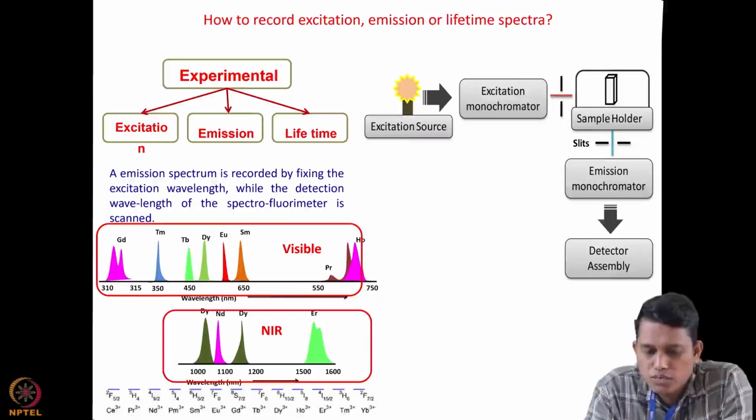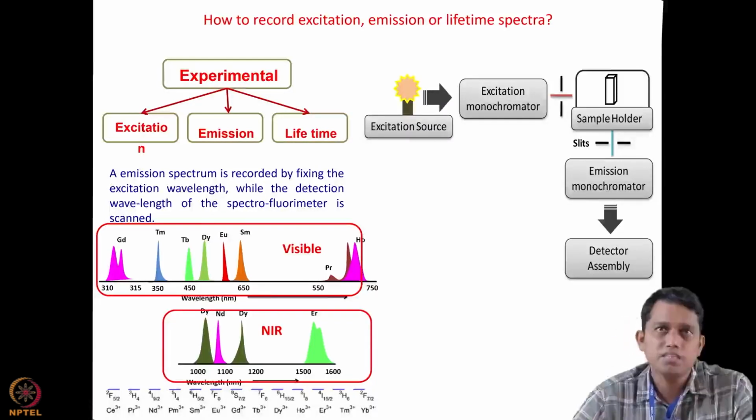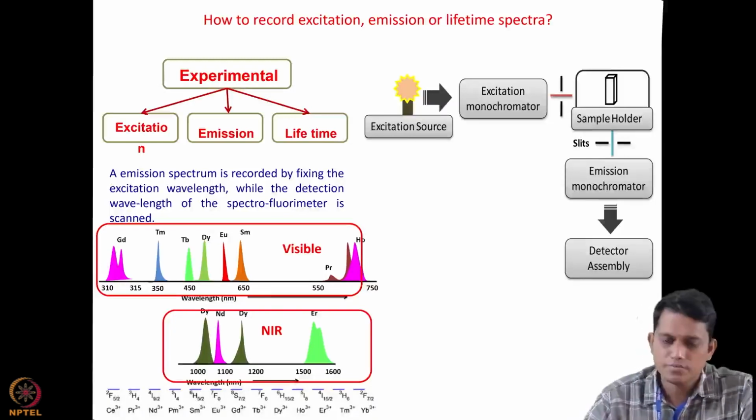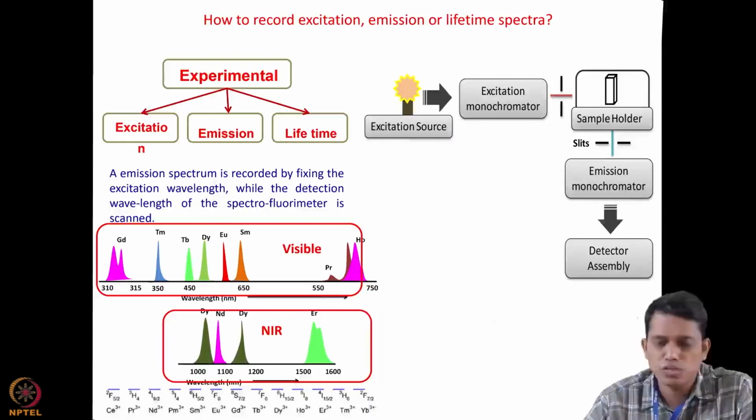As I've shown you, you have a source. Since we are doing photoluminescence, our source is a xenon lamp in this case. Then depending on your metal ion, suppose I'm using europium, you put a monochromator and choose a certain wavelength.